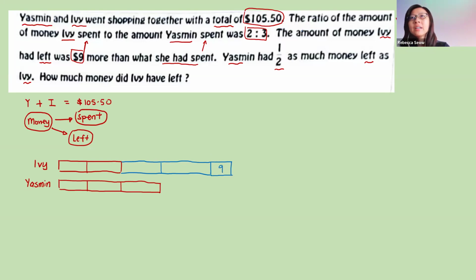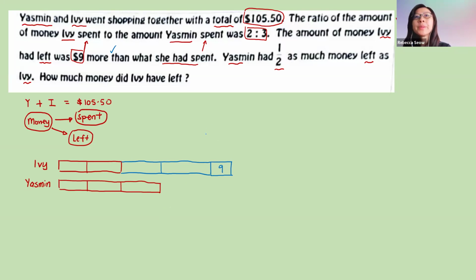Let's check. The amount of money Ivy had left, which is what is in blue, 2 units plus $9, is indeed $9 more than the 2 units that was spent. We've got this sentence as well. Now let's take a look at the next sentence. Yasmin had half as much money left. That means whatever I draw in blue, which is what Yasmin has left, will be half compared to Ivy.